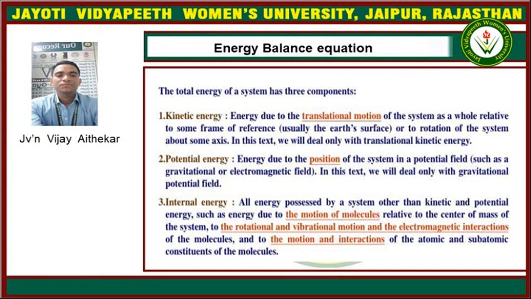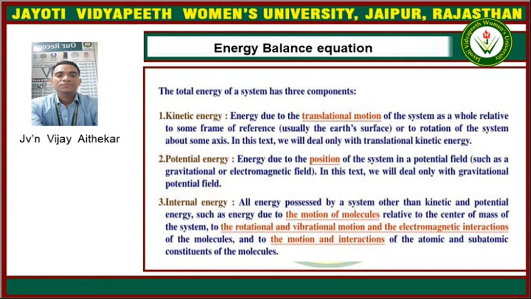Kinetic energy is given by the formula kinetic energy equals 1/2 mv squared. Potential energy is the energy due to the position of the system in a potential field, such as a gravitational or electromagnetic field. In this text, we will deal only with the gravitational potential field.